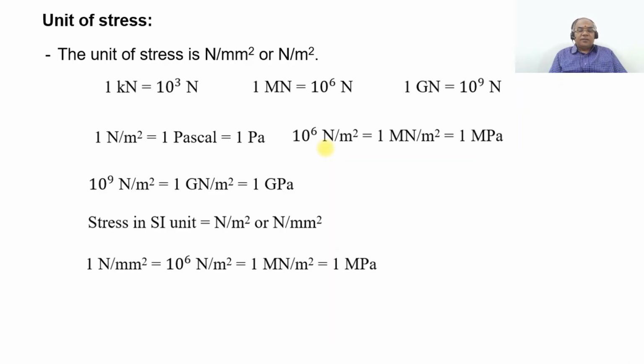So that becomes 10 to the power of 6 when you take it from the denominator to the numerator. So 1 Newton per mm square is nothing but 1 MPa, because 10 to the power of 6 Newton per meter square is 1 meganewton per meter square, which is 1 MPa.